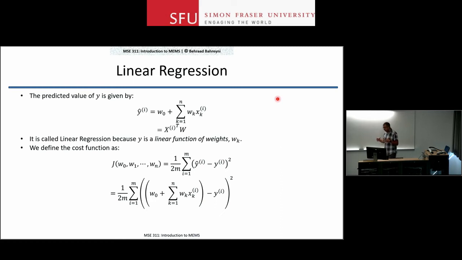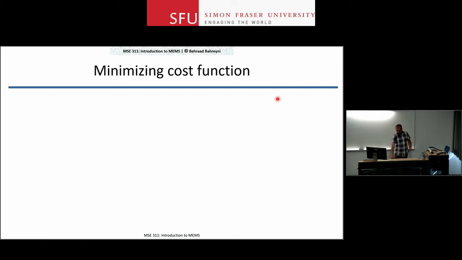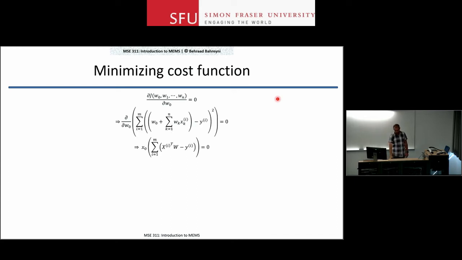If I want to minimize a function with respect to a certain variable in that function, I take the derivative with respect to that variable, set it to 0, and figure out what the parameters for that function are. So this is what I do. Take the derivative of the cost function with respect to W0, W1, W2, W3, W4, and so on, and set it to 0. And this is what I get.